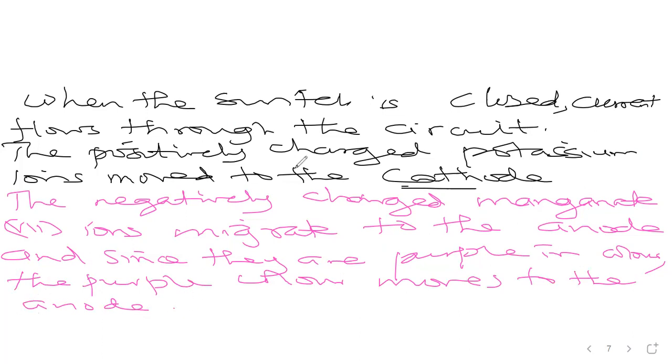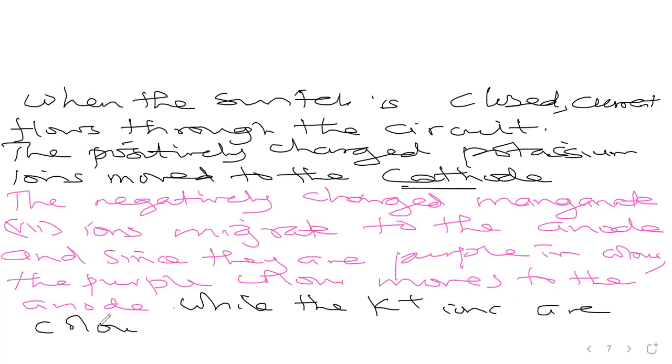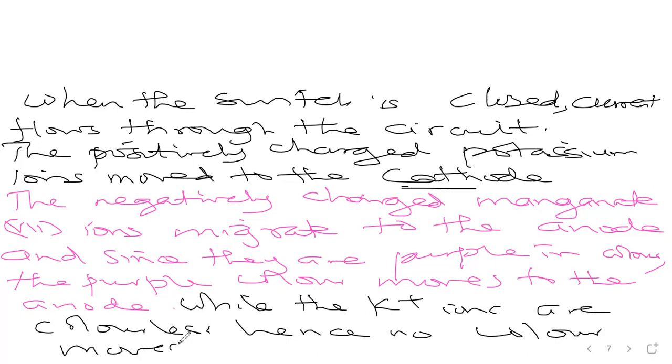While the potassium ions are colorless, hence no color moves to the cathode.